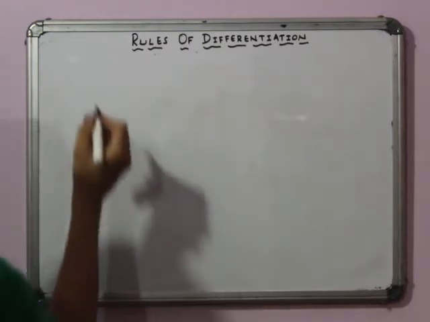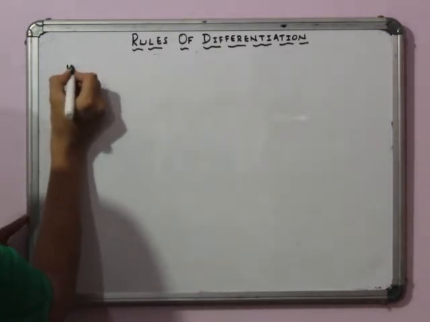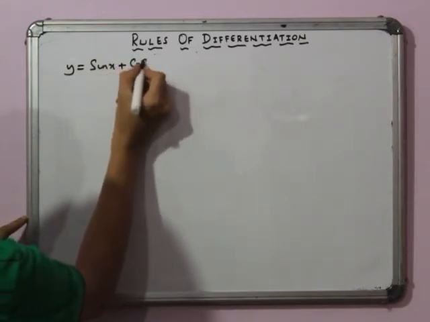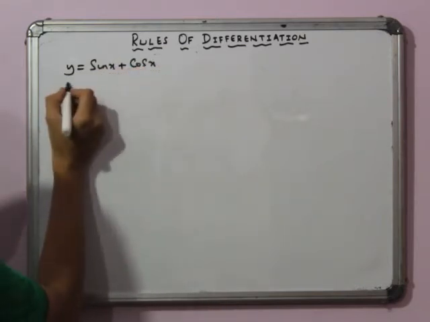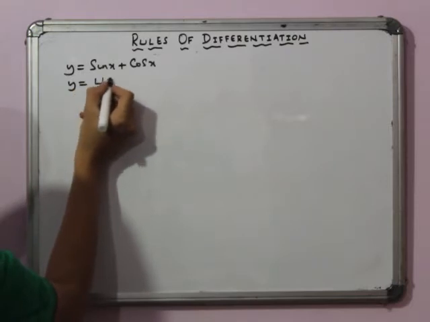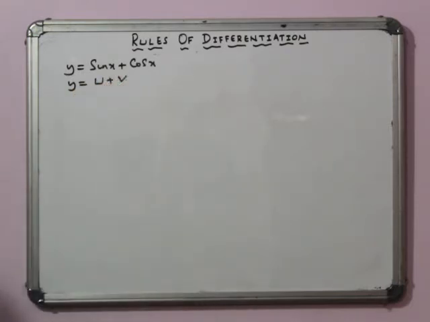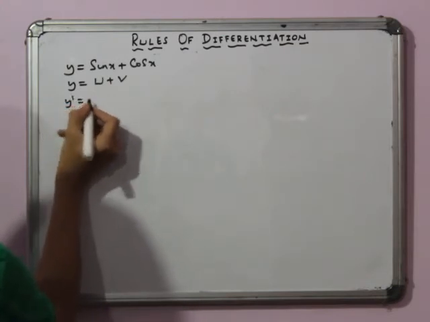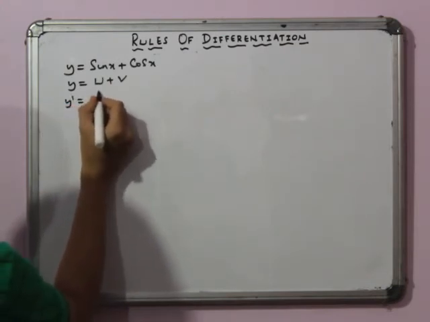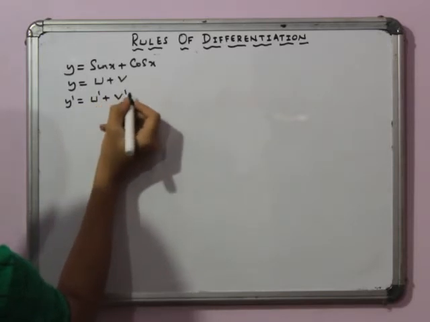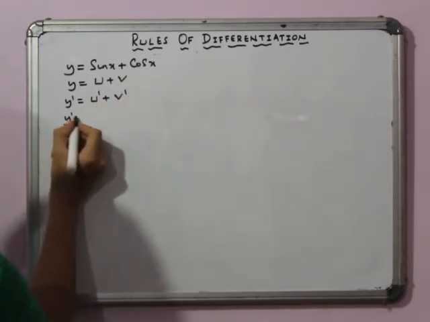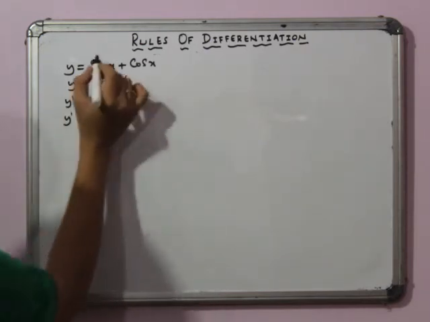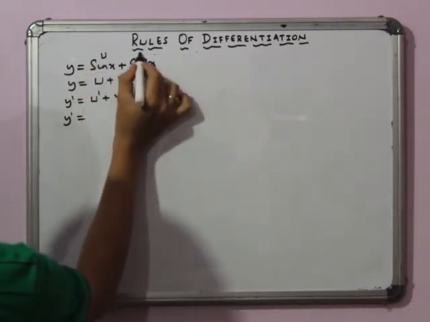First one, as I said earlier, we will take y is equal to sin x plus cos x. So this is of the form y is equal to u plus v. First rule of differentiation: y dash is equal to u dash plus v dash. So u dash is nothing but the differentiation of sin x. So this is u and this is v.